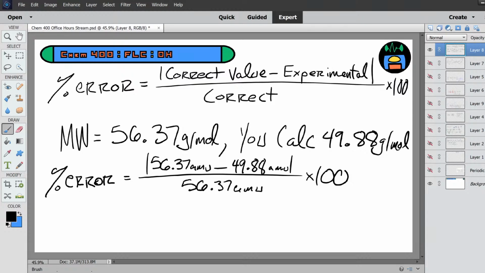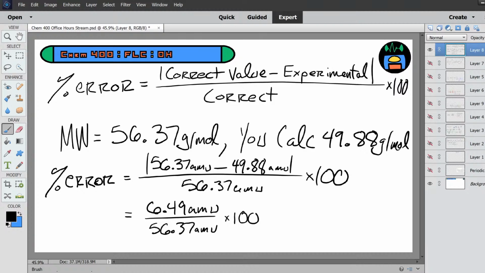All right, so we've got 56.37 minus 49.88, which gives us, my calculator says, 6.49 AMU, over 56.37 AMU, times 100.